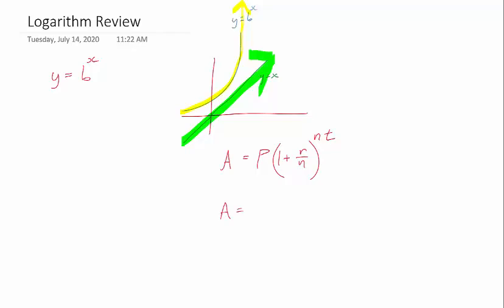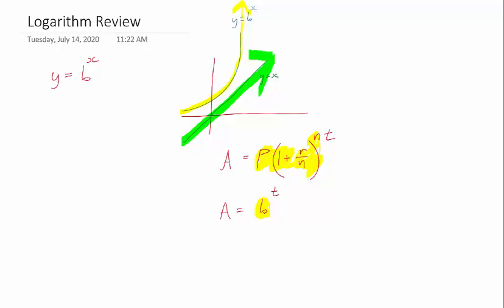And if we group this all together, because the number of compounds per year is constant, the rate is constant, the interest rate per year, of course, 1 is constant, we can lump all this together into one term, and we'll call it b, and then that'll be raised to the t. Well, what does this look like? It looks like an exponential equation, doesn't it?